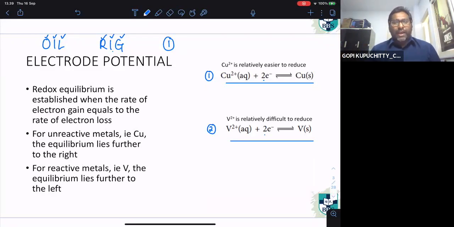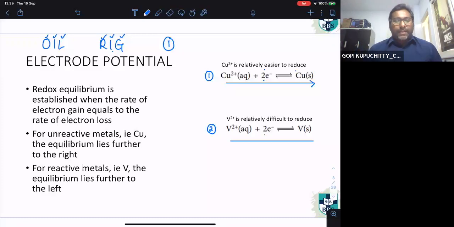So if I look at the position of the equilibrium, rather than copper losing the electron, it has a tendency not to lose electron. It means that the position of the equilibrium in this equation is more towards the right.